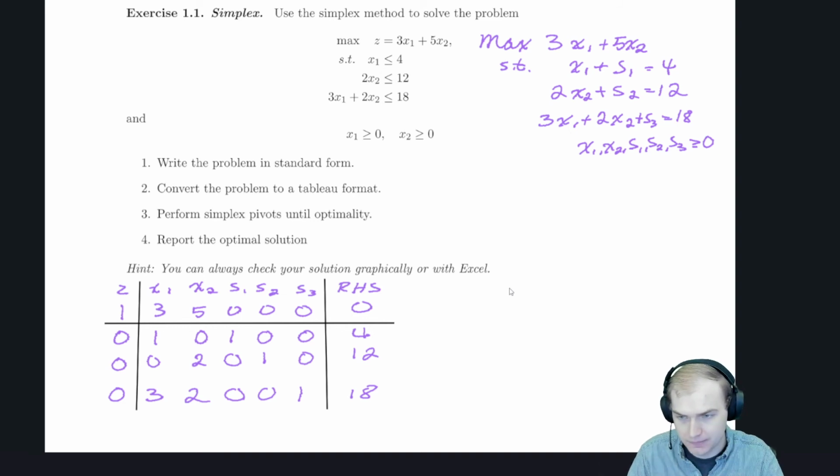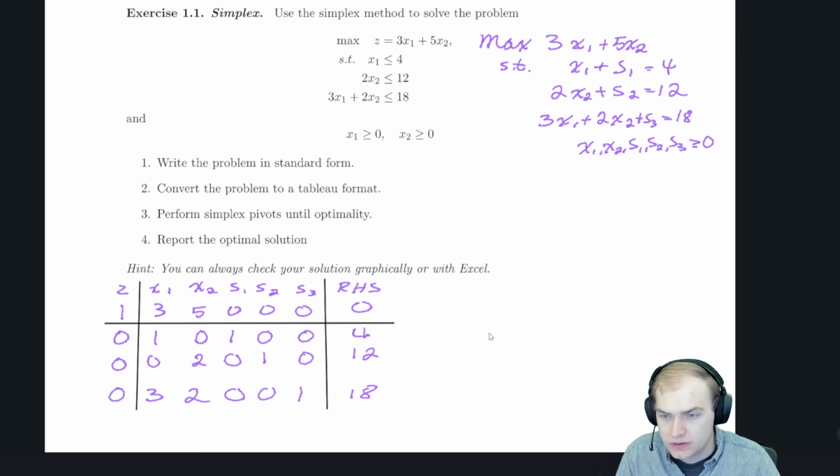They've been ignored. So, oh, there's one thing I forgot to do. Very important thing. I forgot to negate my objective function.